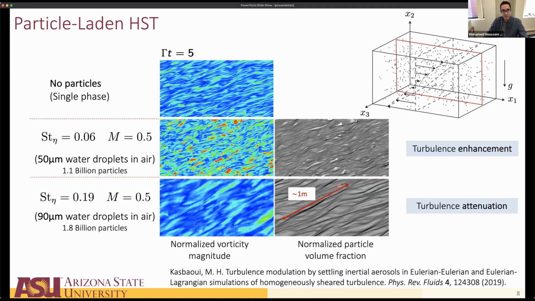So this tells you that this is a highly multi-scale problem, really difficult to model, and so on. But the fact that we can enhance or attenuate turbulence using particles, where we just tune their size, tells you that it is actually possible to manipulate turbulence using inertial particles.